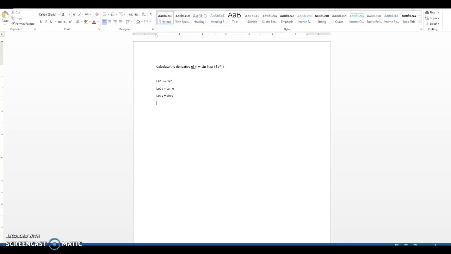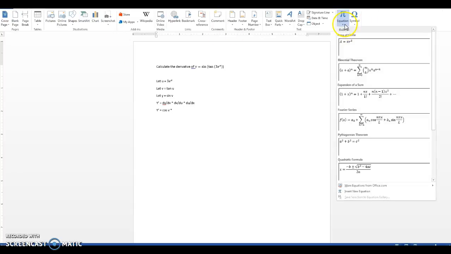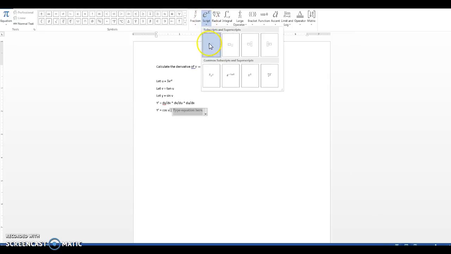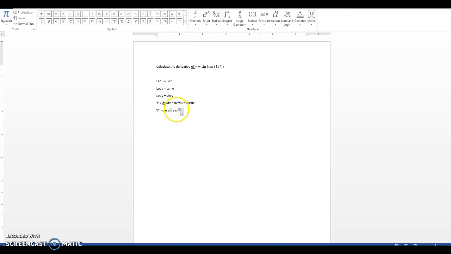And my derivative, y prime, is going to equal basically dy/dv times dv/du times du/dx. So dy/dx here, or y prime, equals dy/dv, the derivative of sine of v, which will be cosine of v, times dv/du, the derivative of tangent of u, which will be secant squared of u.